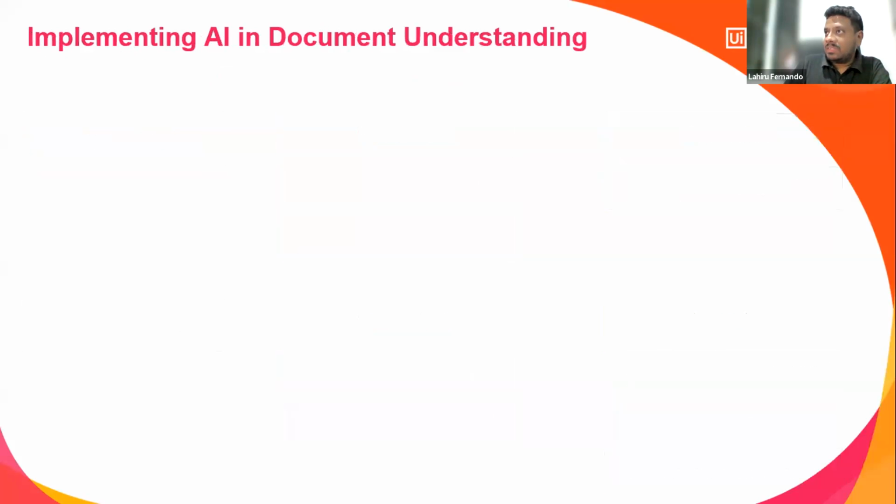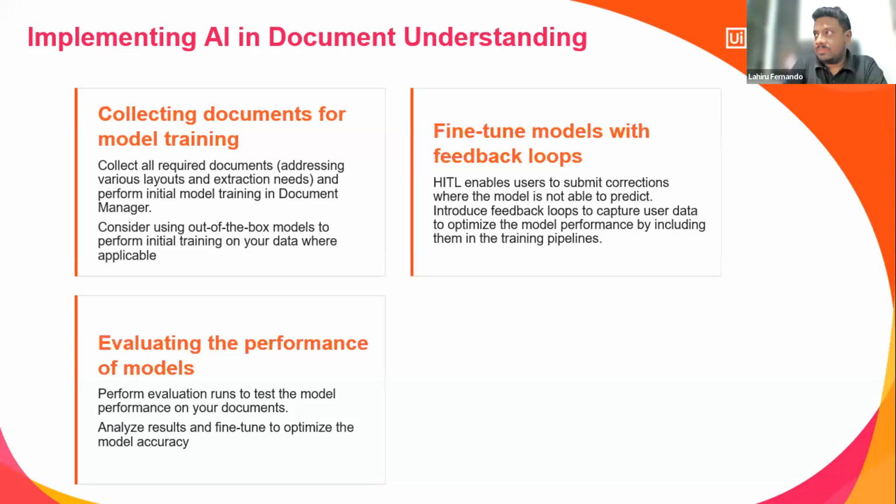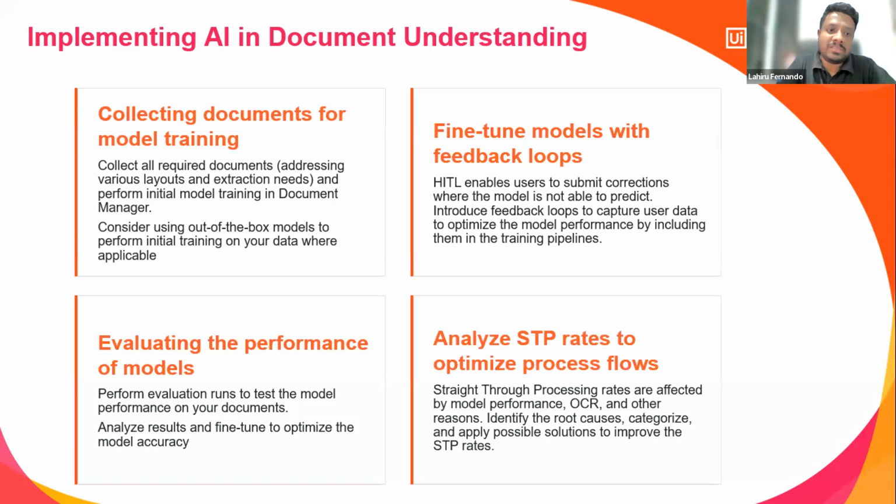And yes, now we are going to talk about how to implement these AI capabilities for your document processing activity. To do this, we have four things. The first part is collecting documents for your model training. How do we collect the documents? What are the things that we need to follow?